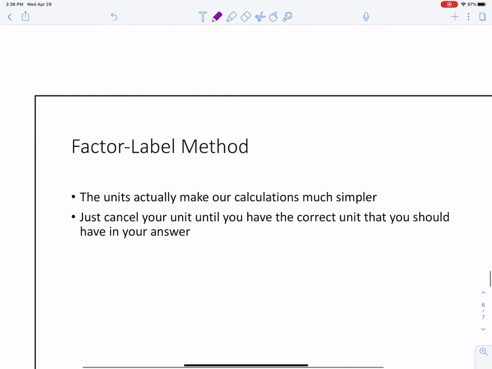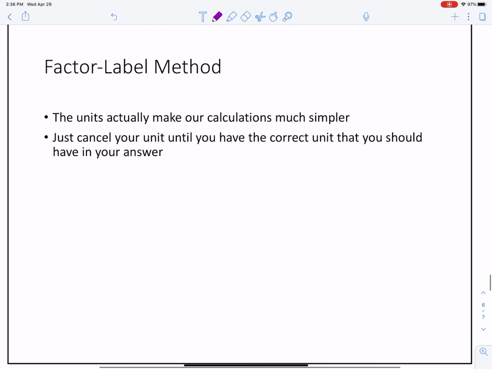Now, there's this thing called a factor label method. And that is where we can have our units work for us. This is where we start dealing with the tool. So you can cancel those units until you have the correct unit that you should have in your answer. That's what I was talking about in terms of going from 220 pounds, getting rid of the pounds.